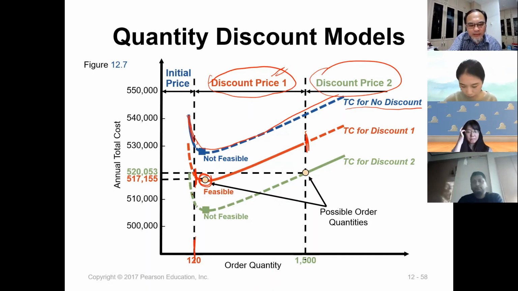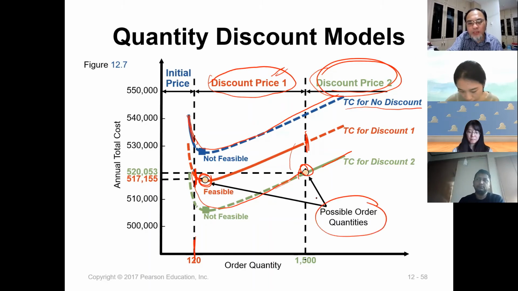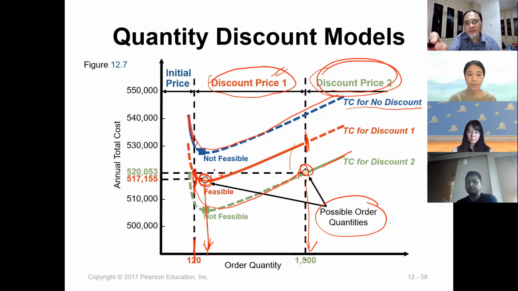For the third discount, the curve is like this. But the minimum quantity you cannot order here because it will not meet the quantity requirement. So this is the possible order quantity at this price break. Remember our curve, we need to find the minimum total cost.